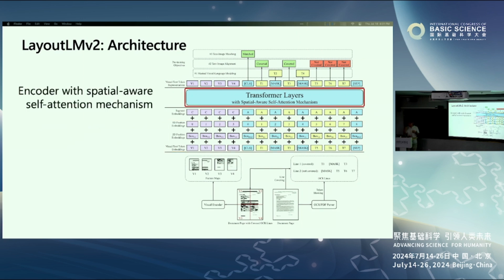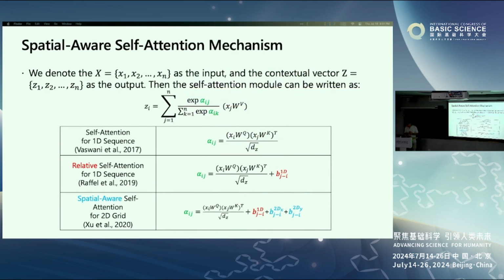And for the model architecture, here is the encoder with a spatial-aware self-attention mechanism, which is a naturally extended mechanism we proposed from some existing work. And here is the detail.